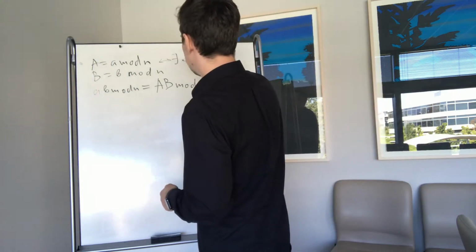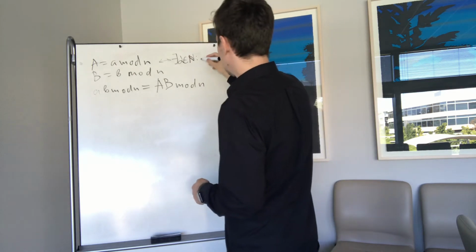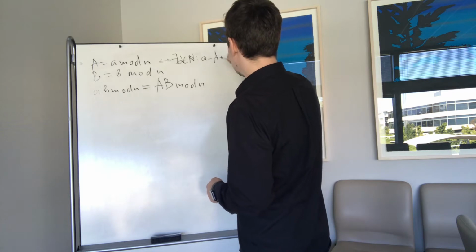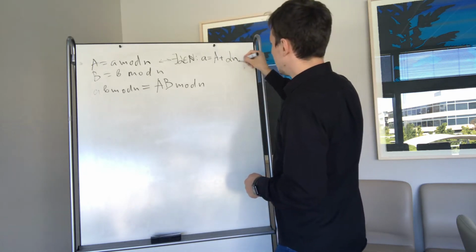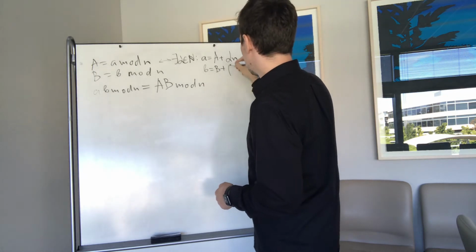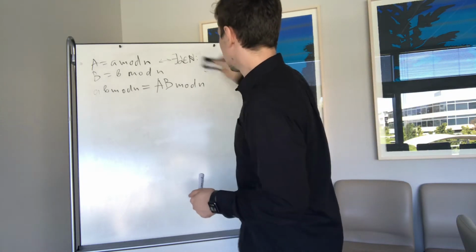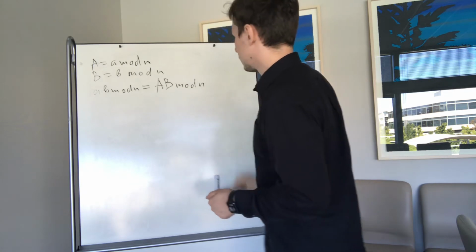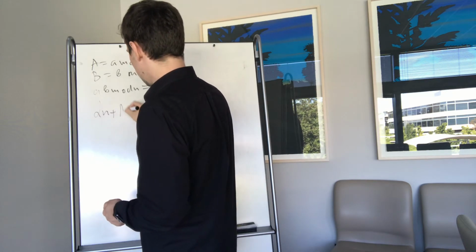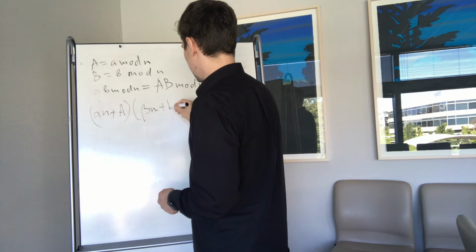It means that there exists a natural alpha so that A equals a plus alpha N, and the same for B. So A is alpha N plus a, and B is beta N plus b.